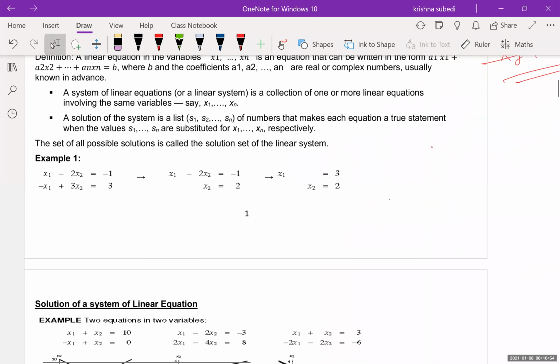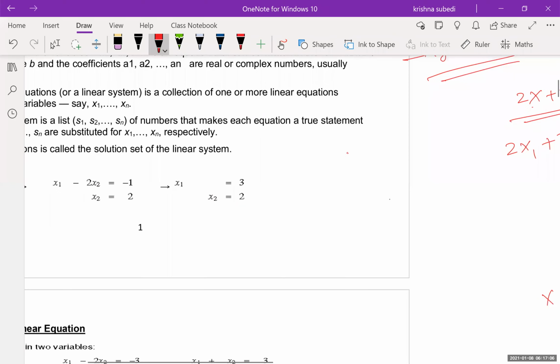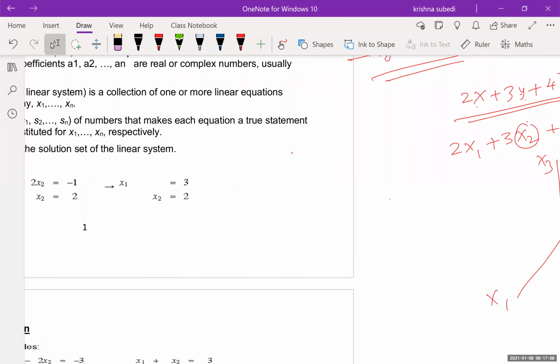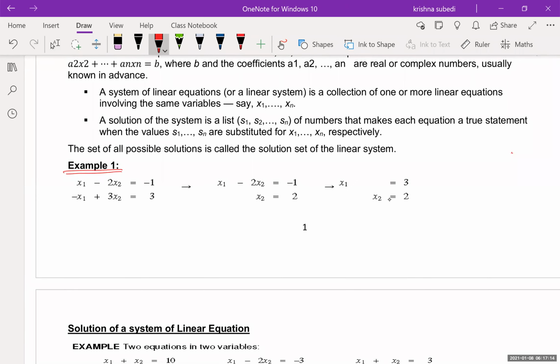Now, let us look at this example here: x1 minus 2x2 equals -1 minus x1. I want you to solve this equation. And if you solve these two equations, maybe the best way is to cancel this one.